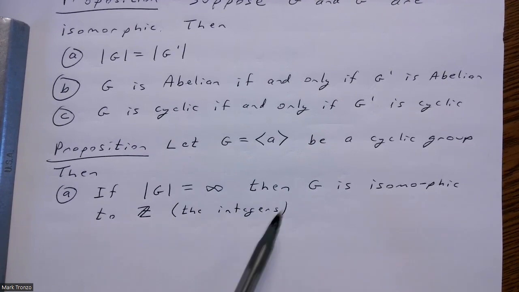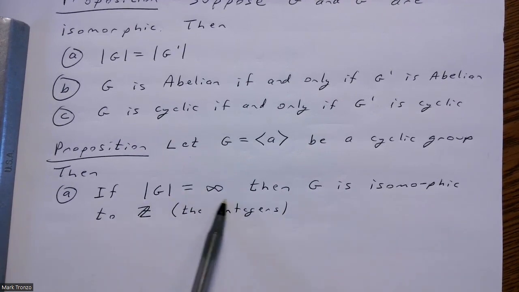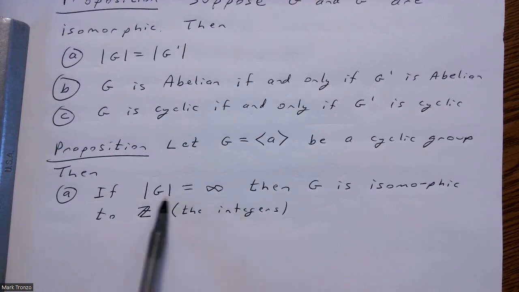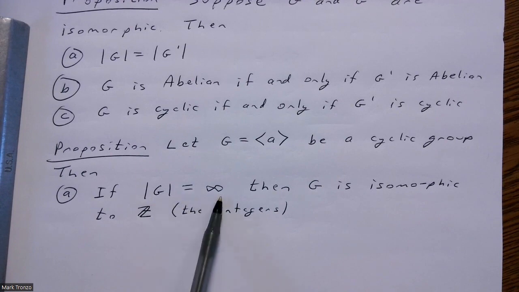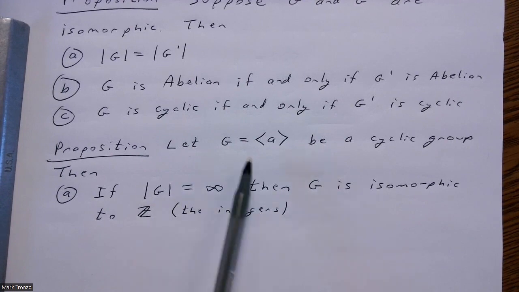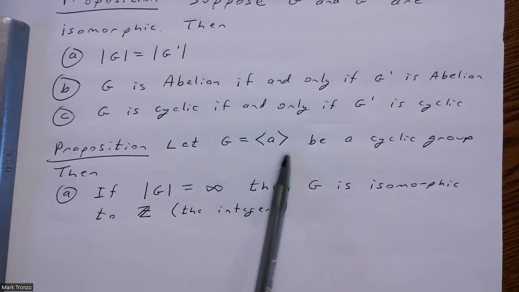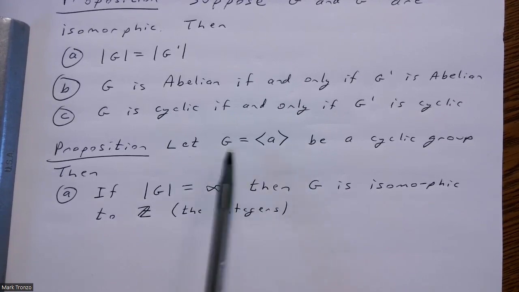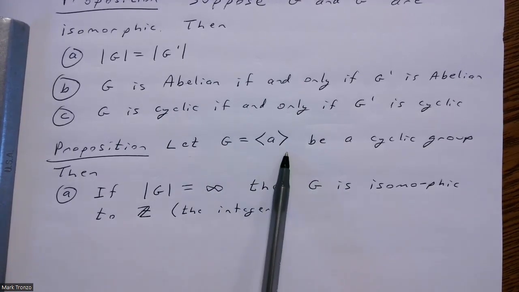Now, keep in mind, when you think of a group that's infinite, you might think of, say, the real numbers. That's an infinite group, but it wouldn't qualify here because you can't generate the real numbers by a single element.